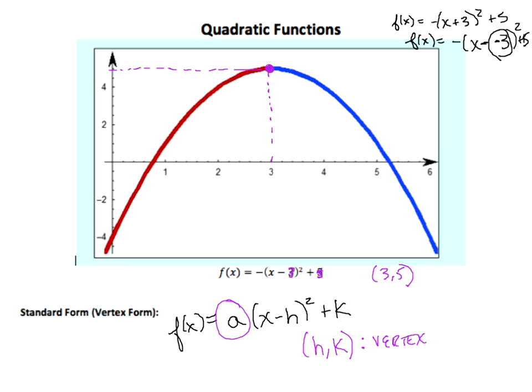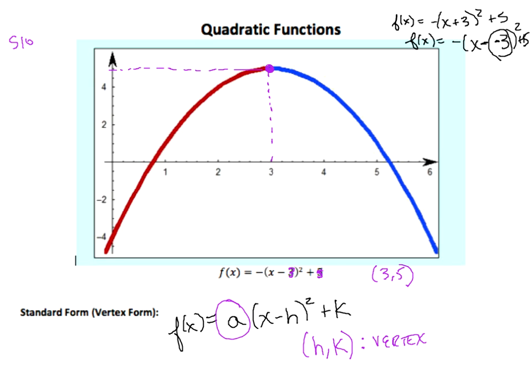This A right here is the same A that we talked about with transformations. So it is going to govern the positioning, whether it's positioned in the same position as the parent function, x squared, or it's reflected over the x-axis if the A value is negative.